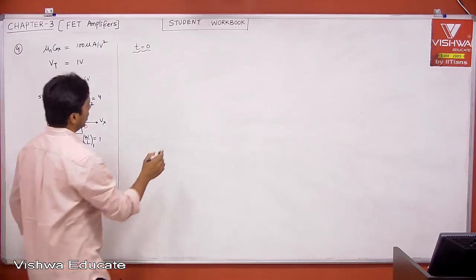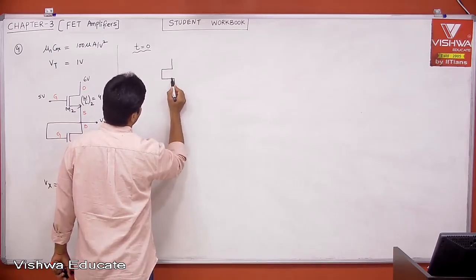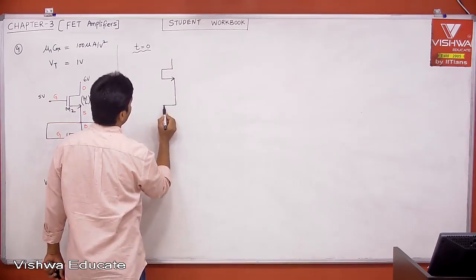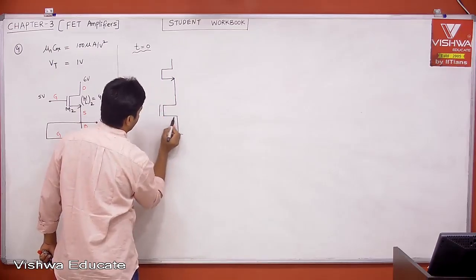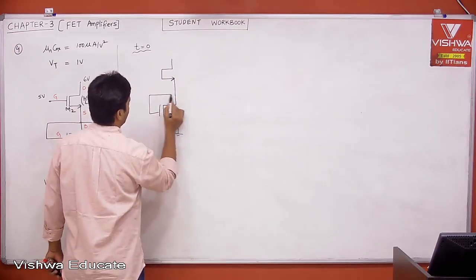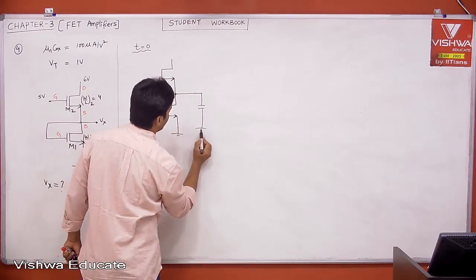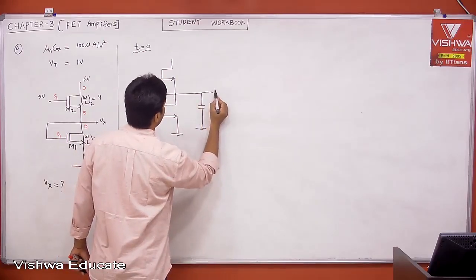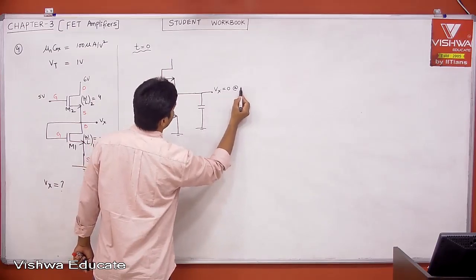Now, if I take NMOS, let us say initially this has some capacitor, because I told you MOSFET output is nothing but load only. This is your Vx. Let us say Vx is equal to 0 at time t is equal to 0.